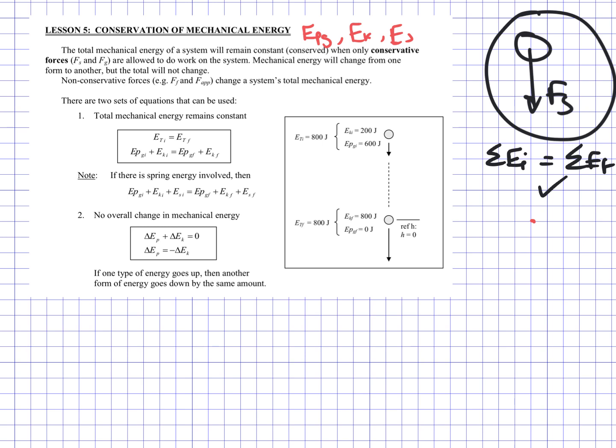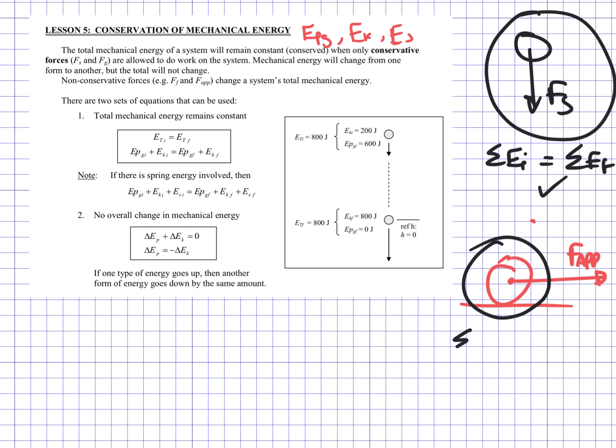Conversely, if I had an applied force, so if I had a ball like this on the ground and I applied a force this way, well, in this case, I might draw the system to be here. And now you can see that this force is leaving the circle, leaving the system.